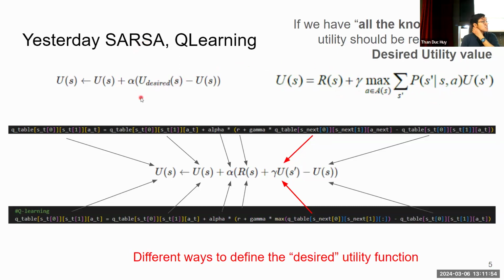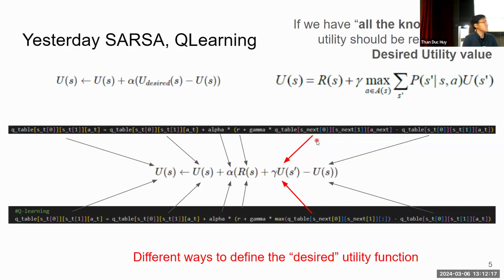Yesterday you saw that there are two different ways of calculating: SARSA and Q-learning. If you go back and look at the code, you can start matching one by one. The first term is just U. The second term is the same, but now we are updating it. There's an alpha, there's a reward, there's a gamma, and you can see the difference is somewhere here.